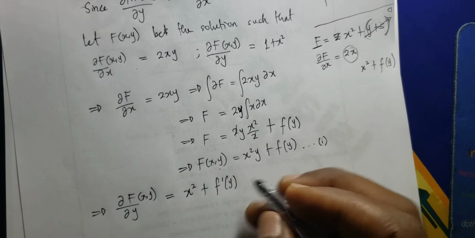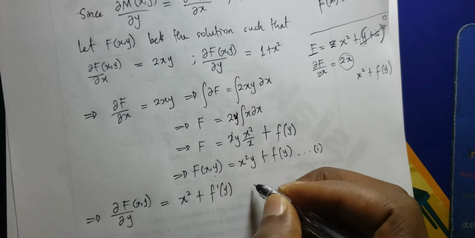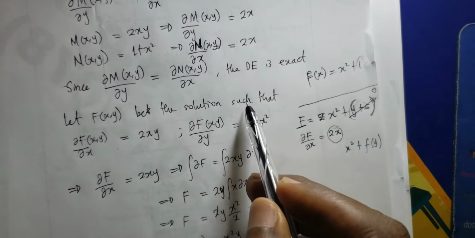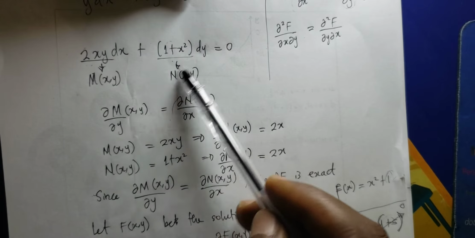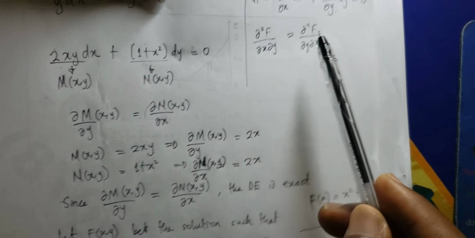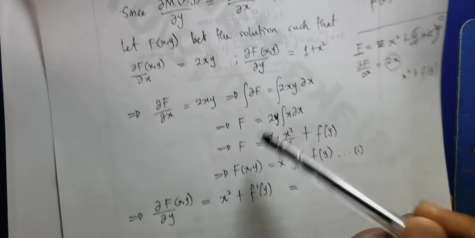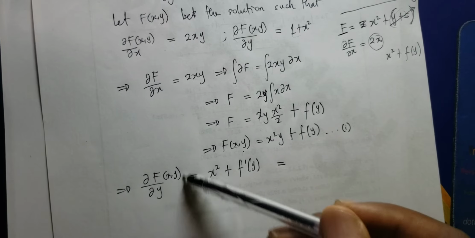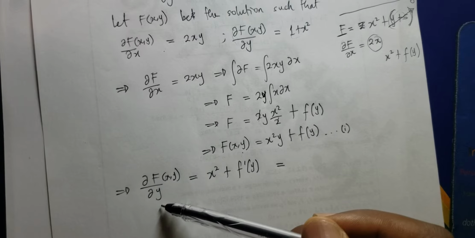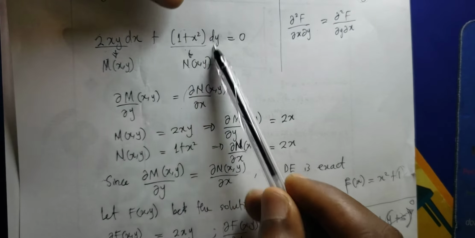So that means that what we have obtained here should now be equated to what we had here as the coefficient of the y. Don't forget we have said the coefficient of the y is going to be del f of x comma y del y. So now that we have obtained another expression for del f of x comma y del y, it must be equal to the coefficient of the y here, which is 1 plus x squared.